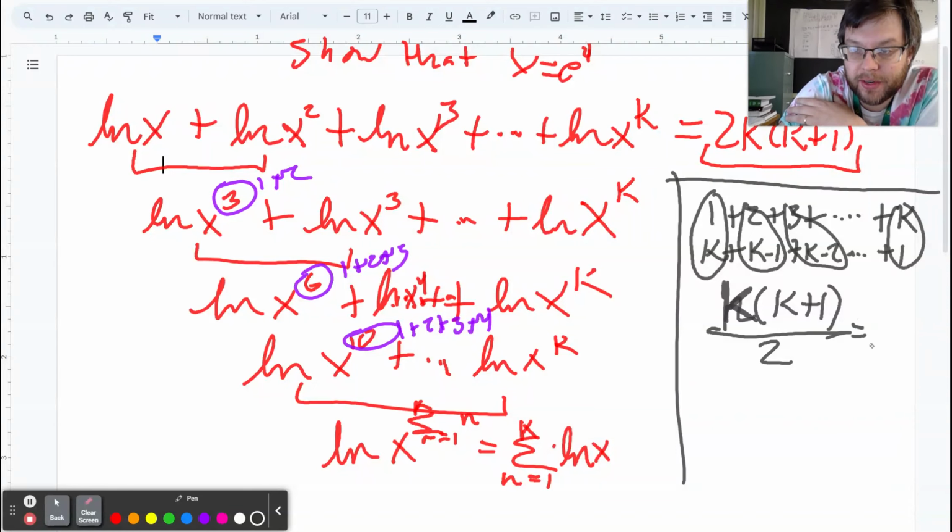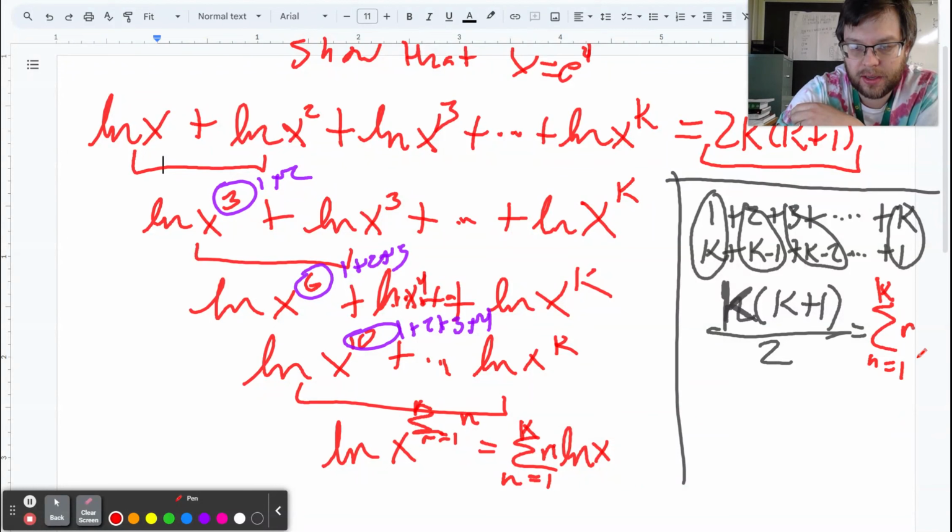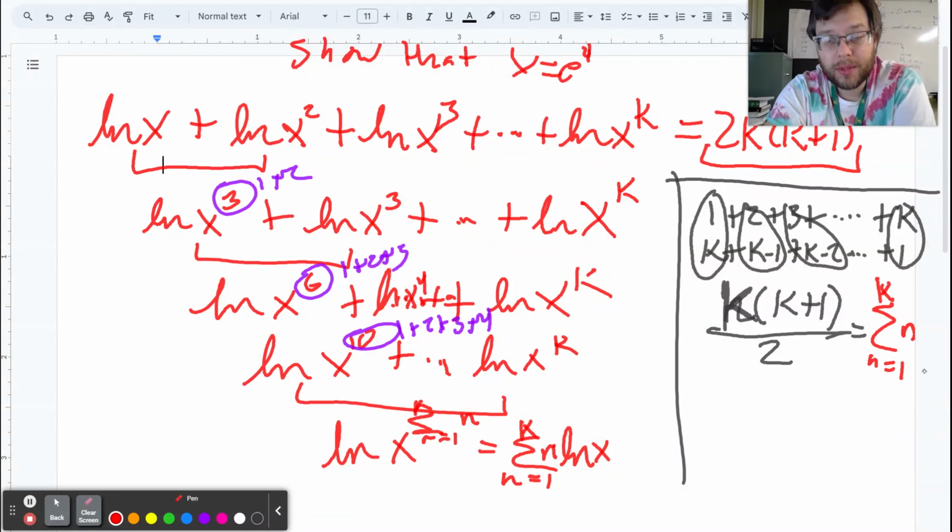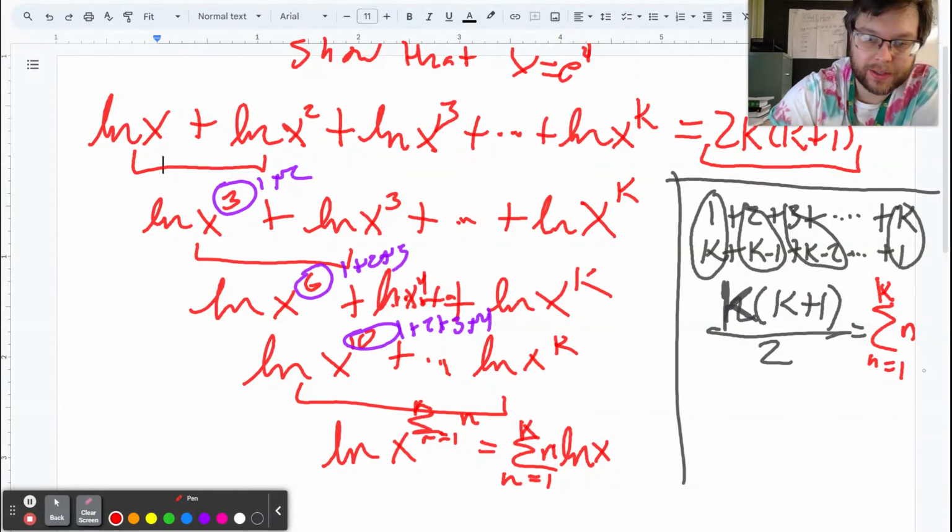So this piece right here is equal to the sum that I wrote in front of it. When I wrote it down here on the bottom, I forgot the letter n. What I'm noticing is that if you add up the first n natural numbers, it's going to become this. So this is the sum from n equals 1 to k of n. So I can pop that right in there.